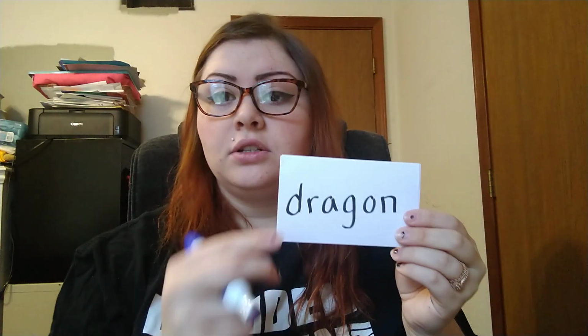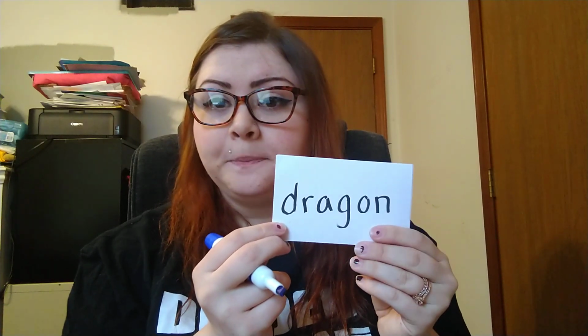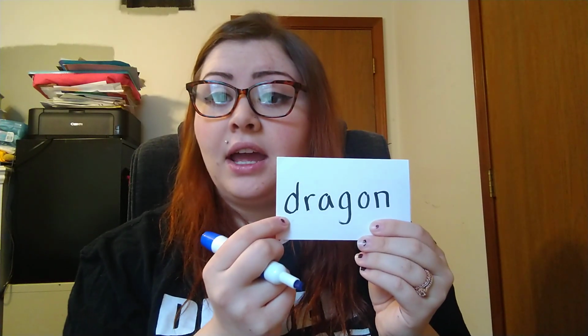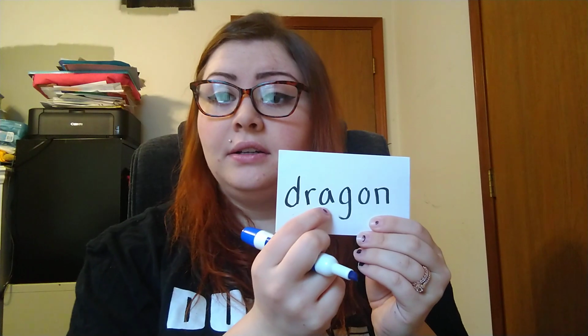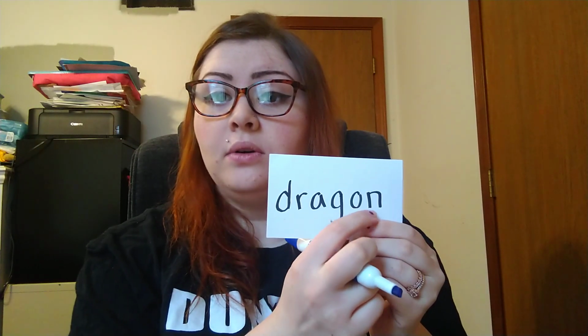N-A. Now, is this a capital or lowercase? Remember, this is a capital A, so this would be a lowercase a. Good job. Right there. Let's try the next word. Dragon. Now, dragon has D-R-A-G-O-N.